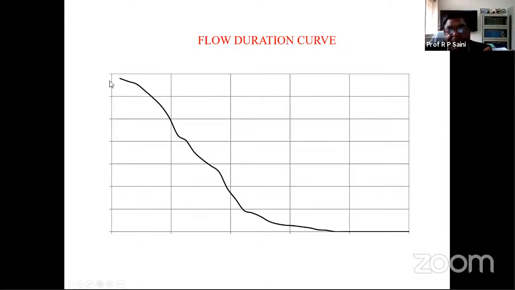Your plant capacity will be determined this way because head is constant. Head will be whatever you measure at that site. And if you consider the maximum discharge, you will have the maximum potential, maximum power. But for how many days will that potential be available? Very less duration, say 5 days, 10 days out of 365 days.